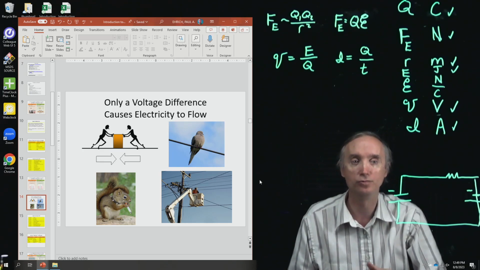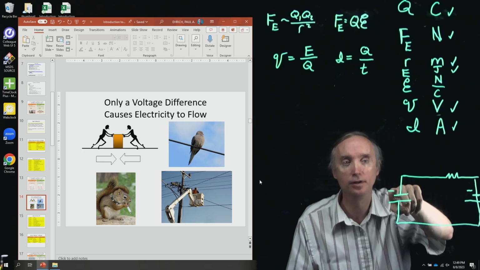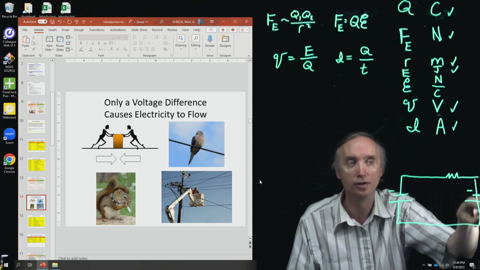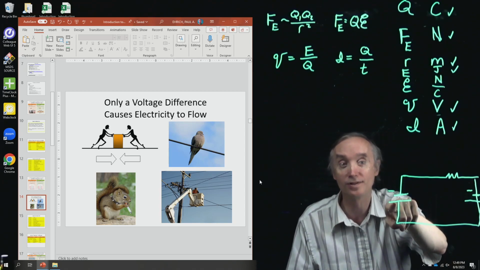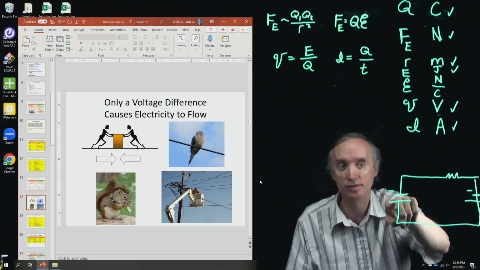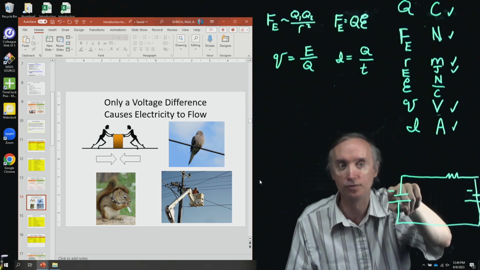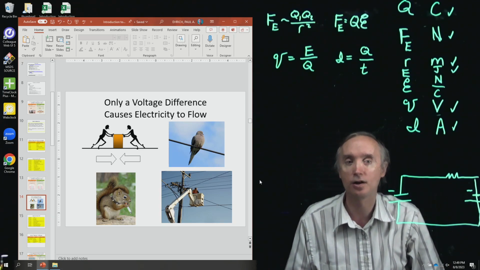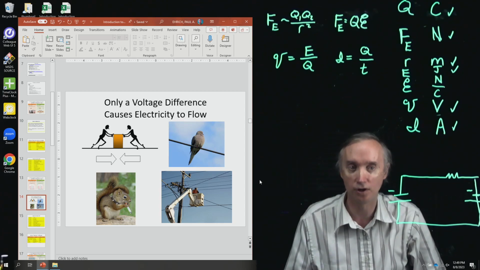Normally you're going to have the battery by itself, and then the electricity is going to go around back over to here where it's 0. So it has 0 voltage by the time it gets back to the battery, and then it's got some initial voltage when it comes out. So it's changes in voltage that cause the electric current to go.